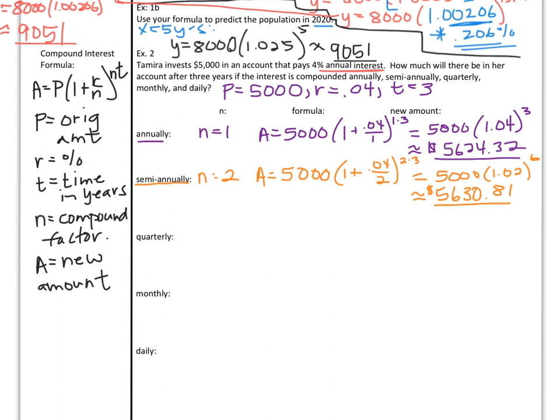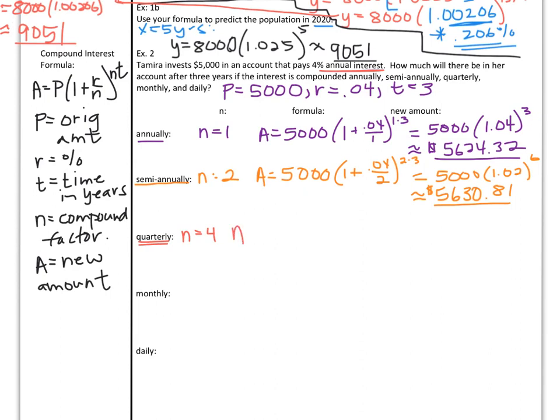The next one, I'm going to set it up for you, but I really want you to plug it into your calculator to see if we can get a match. Quarterly. Think about, well, how many quarters are in a dollar? How many quarters are in a game? N would equal 4. That means throughout the year at 4 times, the bank would give you interest on your account.